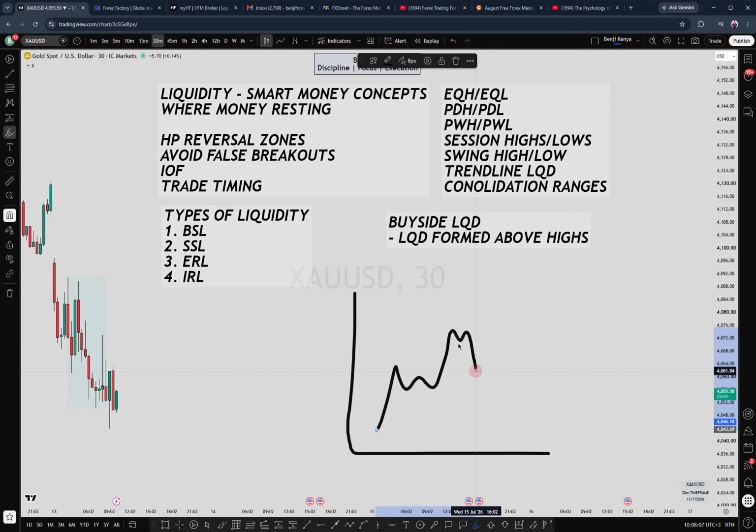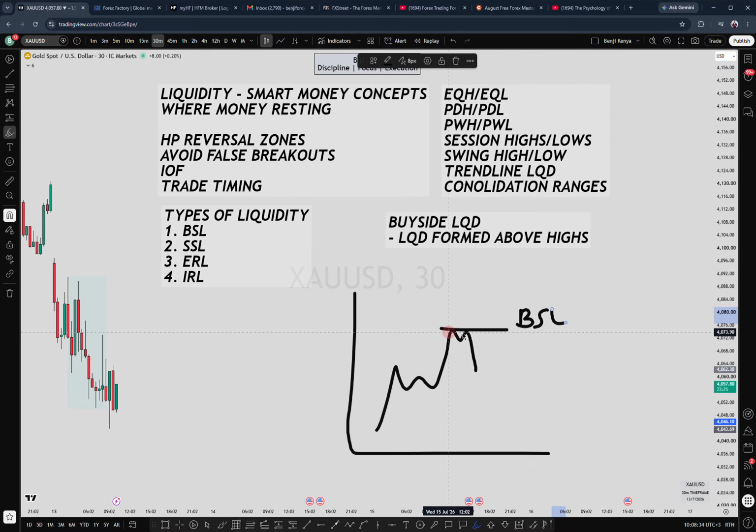This is what is formed above this area. This is what we usually term buy side liquidity formed above highs. It can be equal highs, session highs, swing highs, and it can also be trend line resistance.